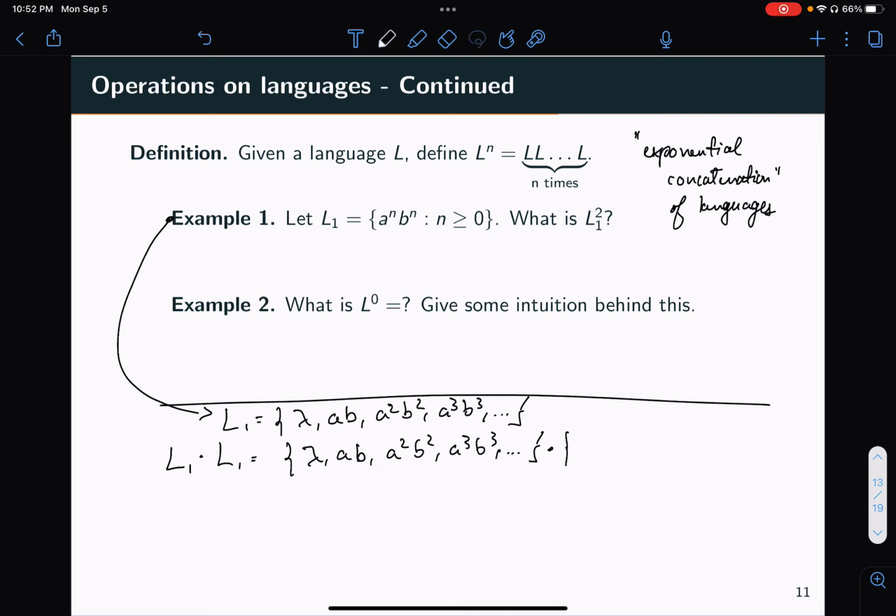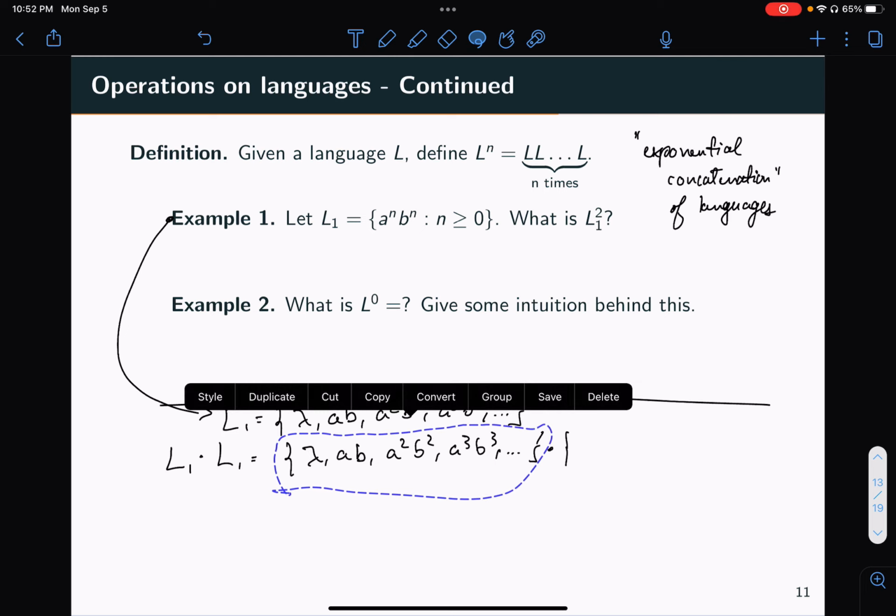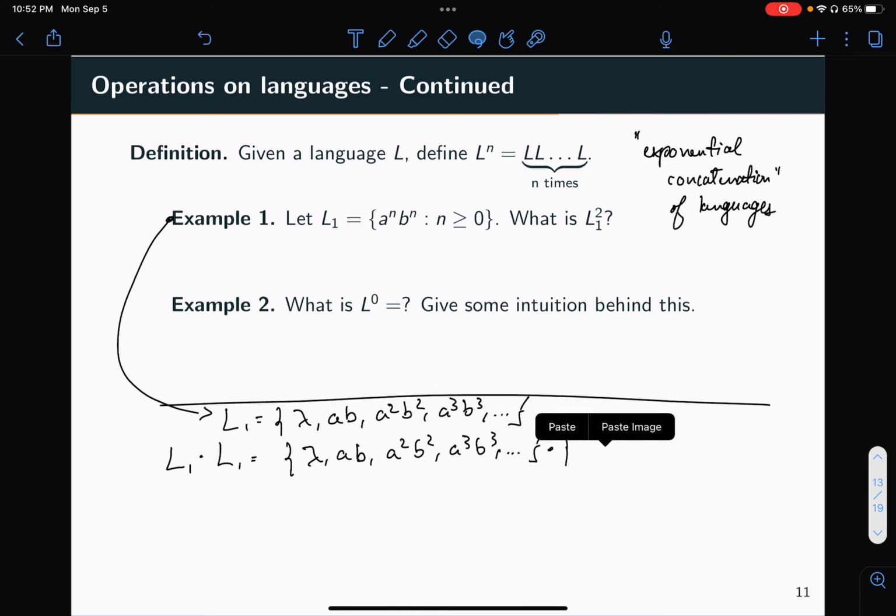Can I copy and paste? Copy, paste. Yes, I can. That's nice. So again, what happens is I take each string in, let me rename these languages, right?